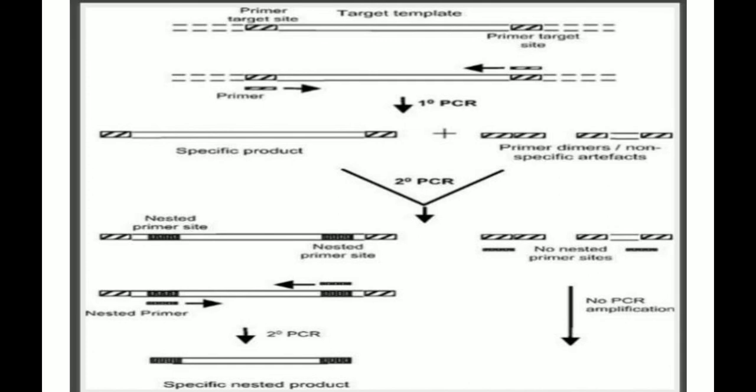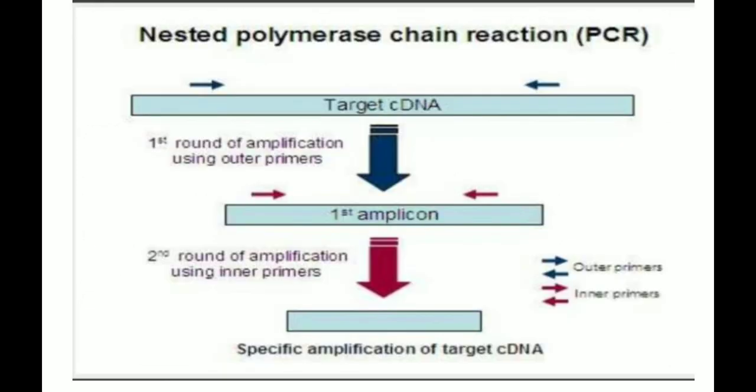So that is the difference between standard PCR and ordinary PCR, because here two variants of primers are used to get amplified DNA. So if there is a nested primer, you'll get a nested product, right? And if there is no nested site or nested primer, you don't get any nested product or no PCR amplification. Okay, here you can see more precisely, in the first round of amplification, when they use outer primers, you'll get a first amplicon, right?